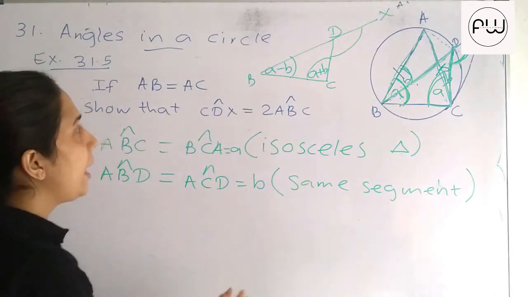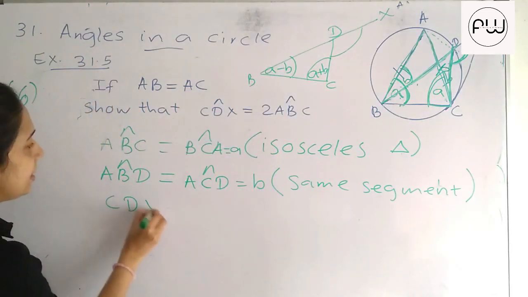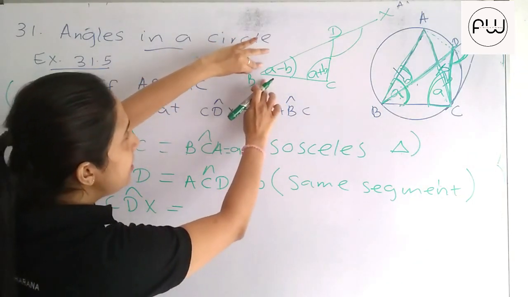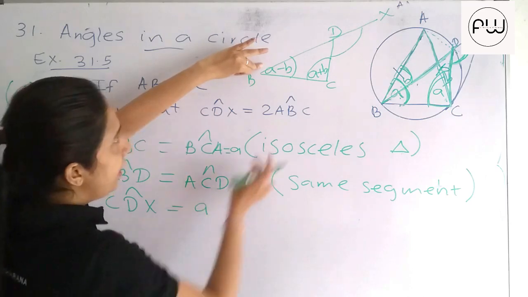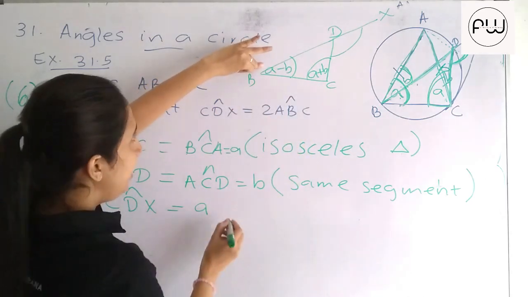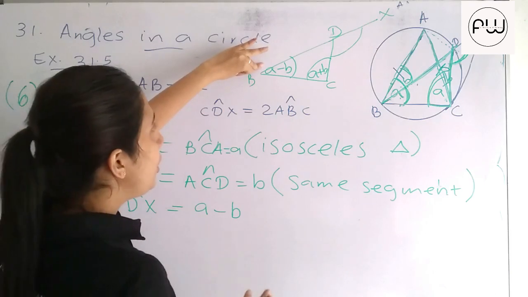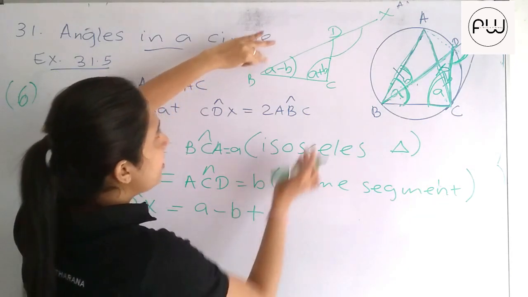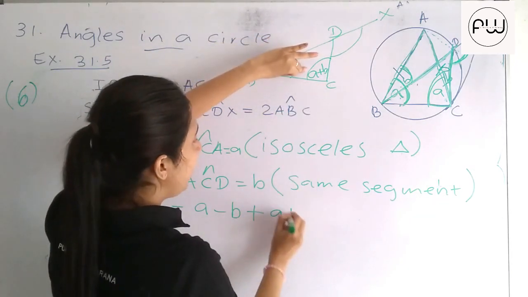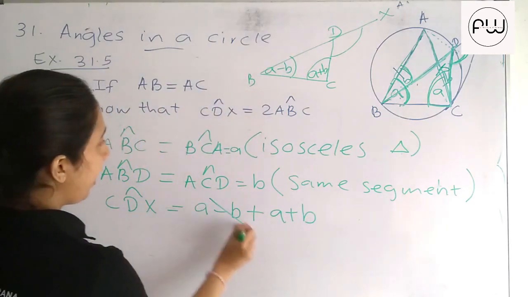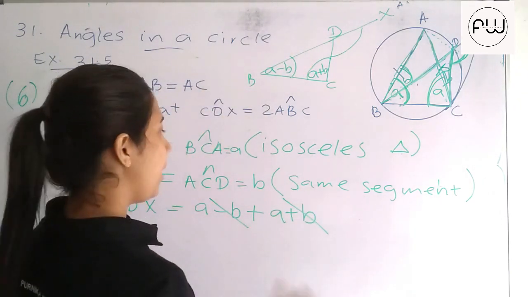Then let's write CDX equal to A minus B plus A plus B. Now minus B and plus B cancel out.